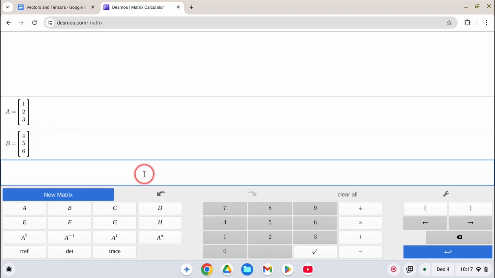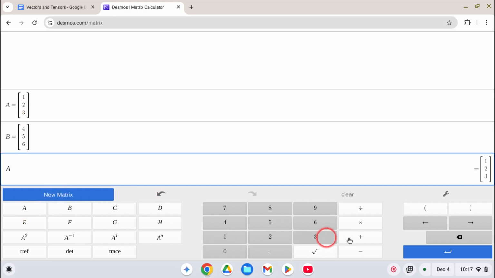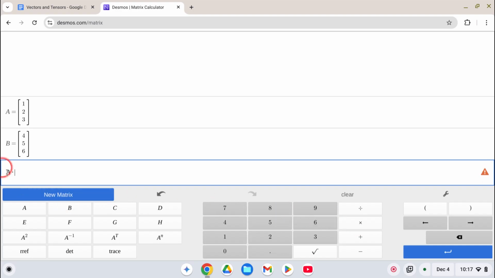All right. So we would say A times B, there's the dot, B. Cannot multiply matrices with incompatible dimensions. And you say, well, you dummy, everybody knows that. You've got a 3 by 1 and a 3 by 1. You can't do that. Okay. Well, what can we do?